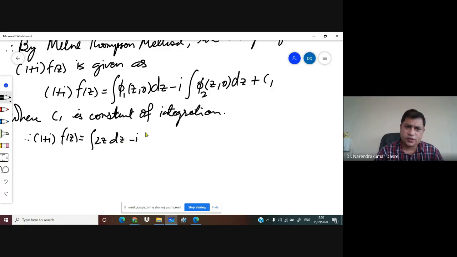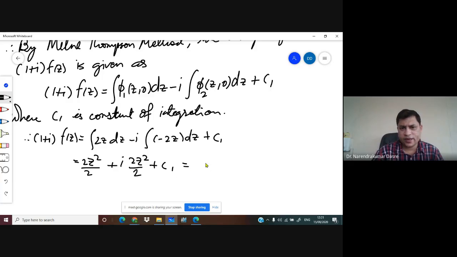So this is going to be 2z square by 2 plus i 2z square by 2 plus c1. So we can write z square plus i z square plus c1. We can take z square common, so 1 plus i into z square plus c1.